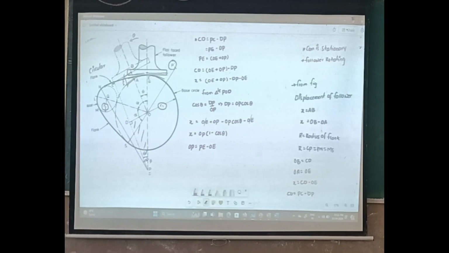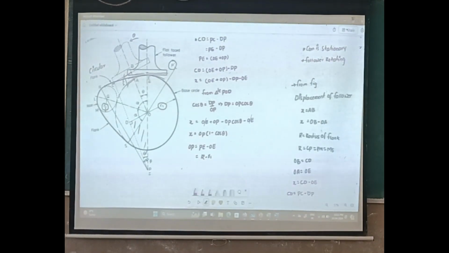Anything is correct. Now what is PA? Radius of the circular flank, that is capital R, minus what is OE? Radius of the base circle. Yes, radius of the base circle, that is R1.